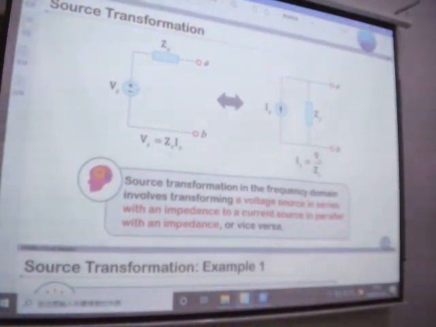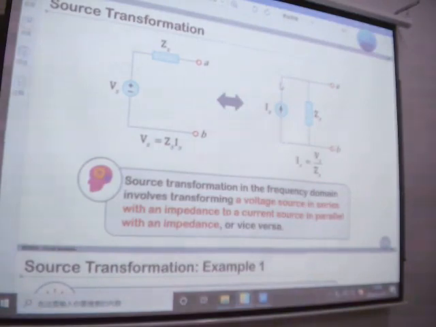This one is a typical Thevenin circuit model with the voltage source and impedance Zs. So our Vs is equal to Zs times Is.